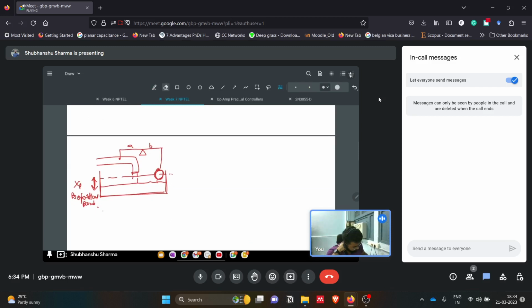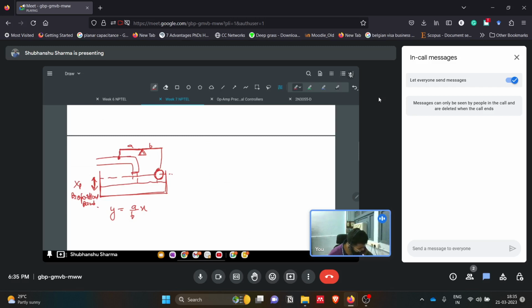The output of this valve system is basically Y, where Y equals A by B into X. We saw this in week 6 also. A is the length of this part of the rope, and B is the length of the other part of the rope. We had this valve, and this was the X distance.